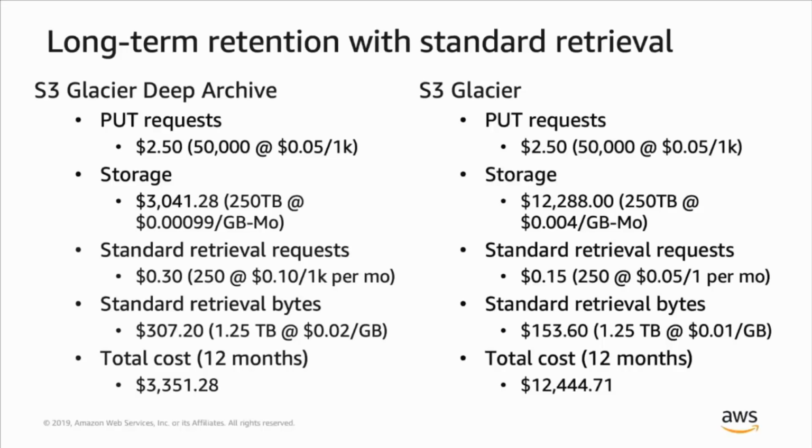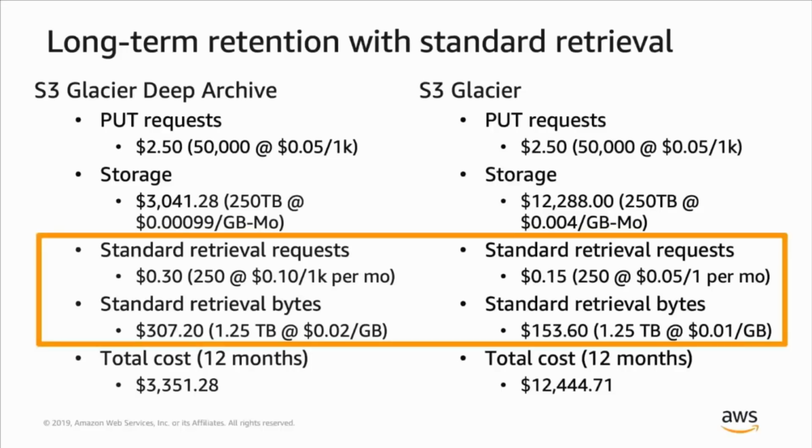It turns out to be about $300 versus $150. So you see the total cost difference of close to that 1-to-4 ratio of the storage cost, because in this particular workload, the access patterns are so low that the requests aren't able to meaningfully change the workload.